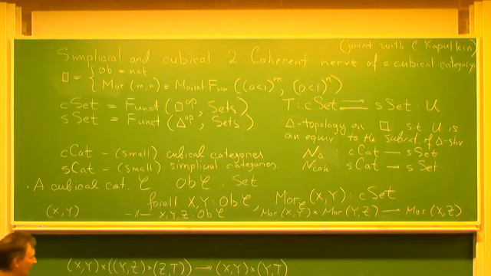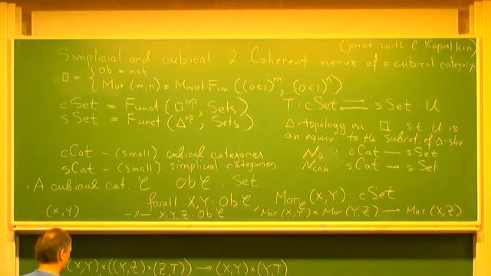But I cannot go from here to (x, z), (z, t). So I need to actually use the associativity of the product as an arrow in one of the directions.